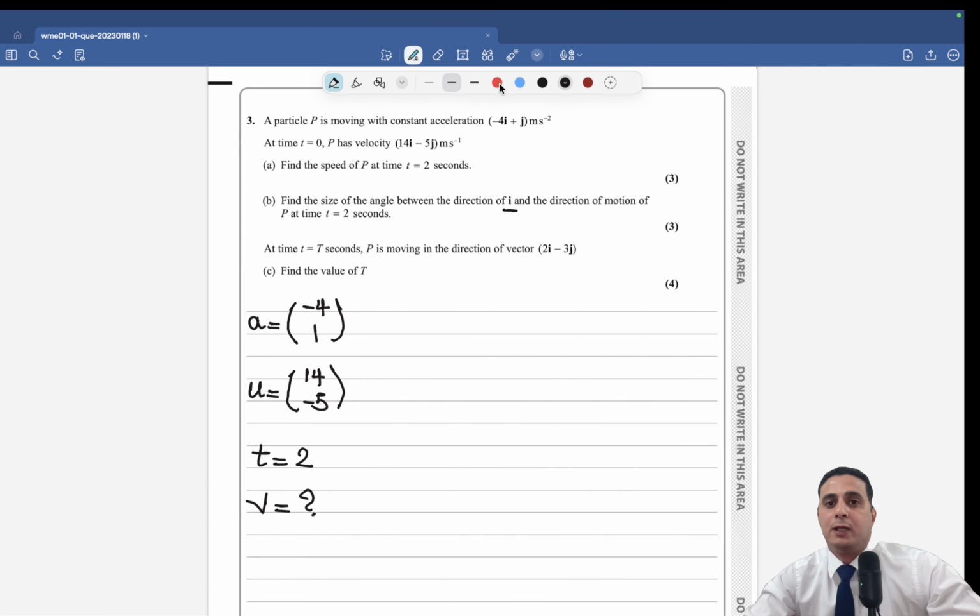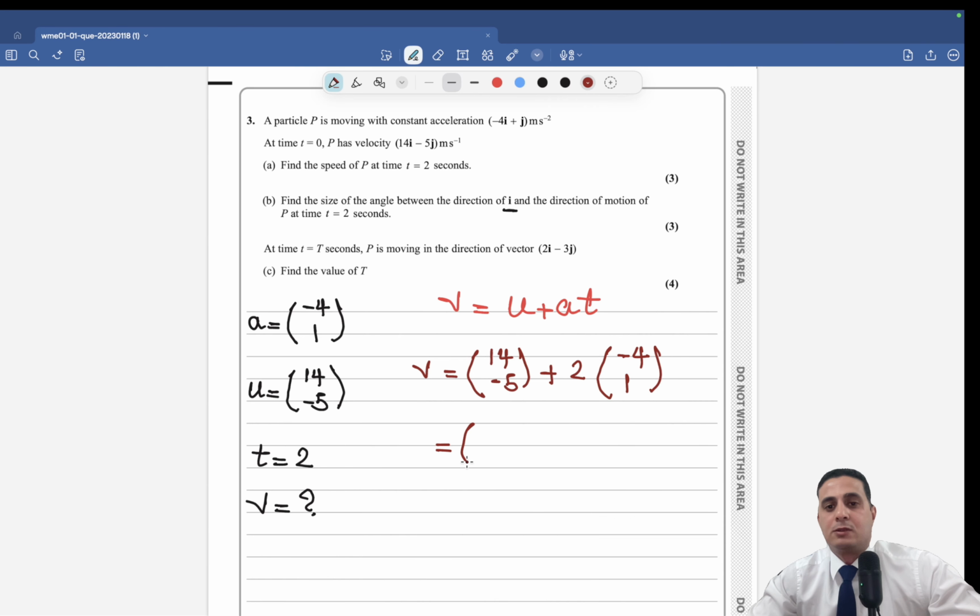Let's apply SUVAT. So we have v equals u plus at. Our final velocity, this is what we need, equals initial velocity, 14 and minus 5, plus acceleration, which is negative 4 and 1, multiplied by the time, which is 2 seconds.